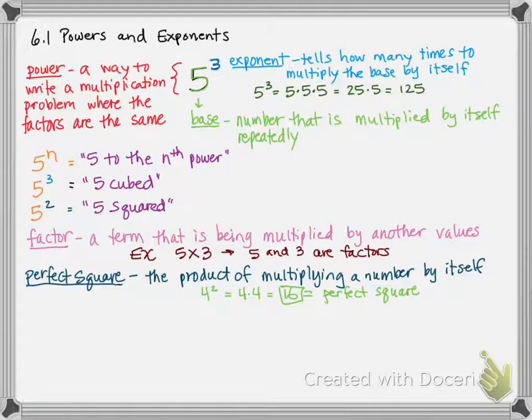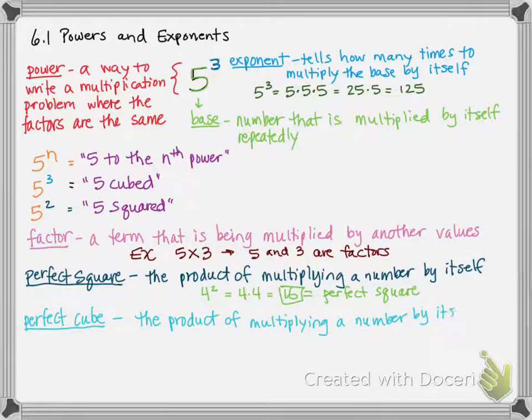And then we also have a perfect cube. And that's the product of multiplying a number by itself and by itself.